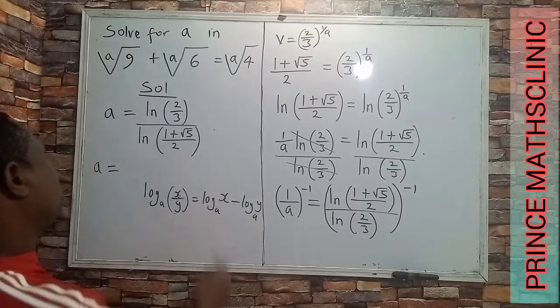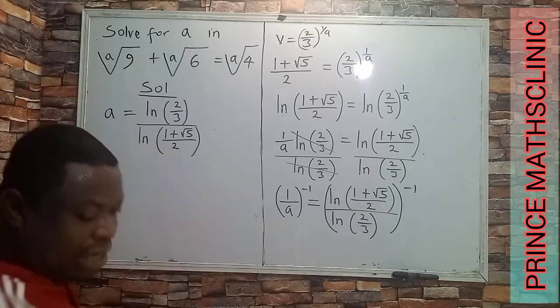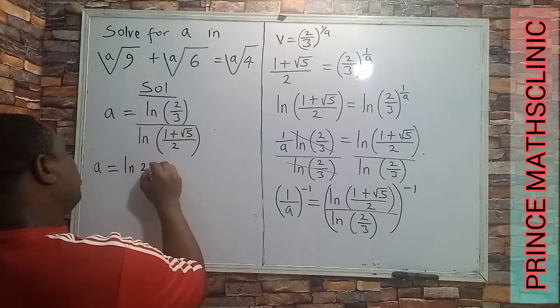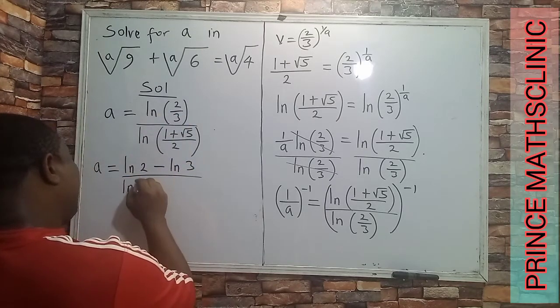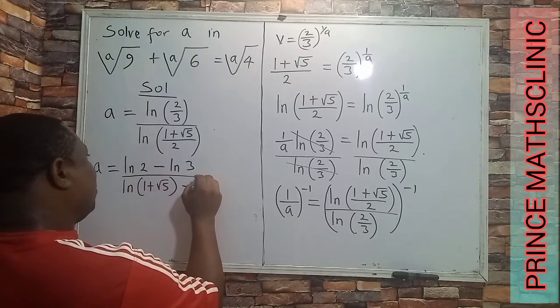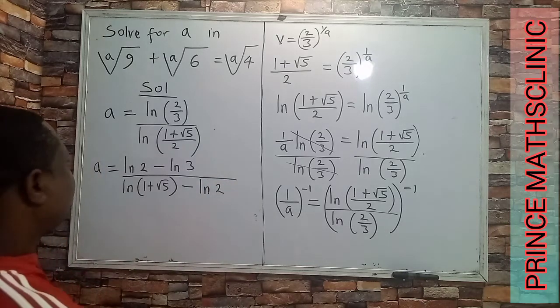So I'm going to use the same rule here. So therefore, our a will now be ln 2 minus ln 3 over ln 1 plus root of 5 minus ln 2.